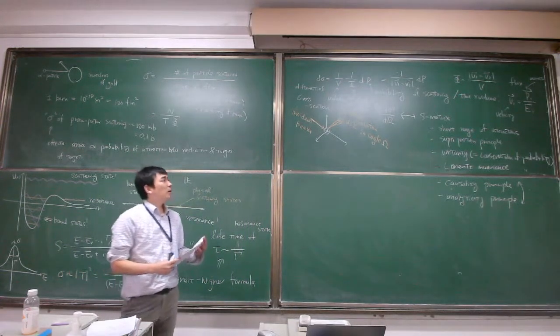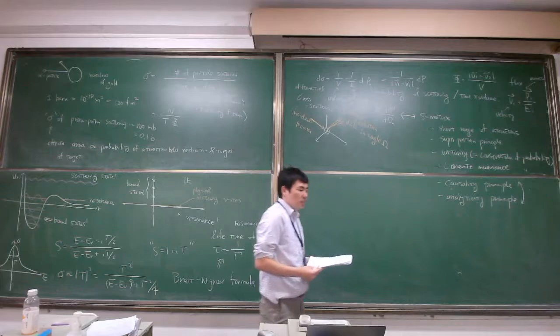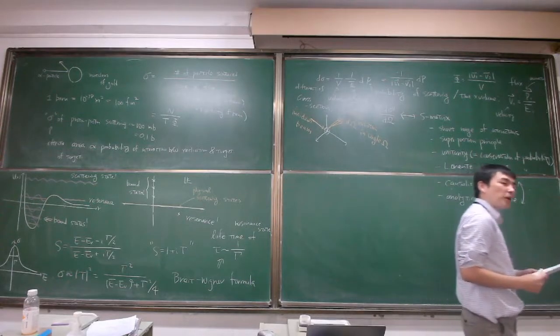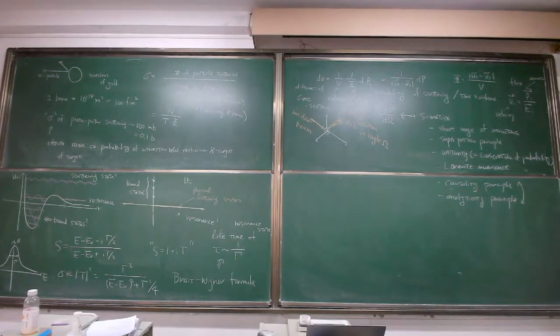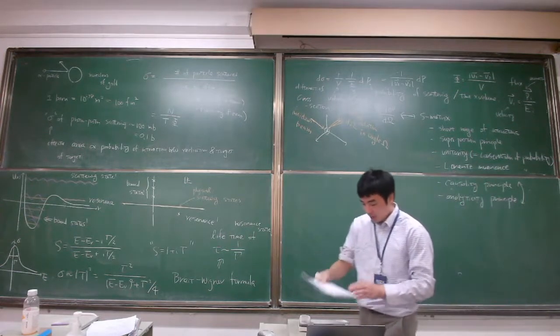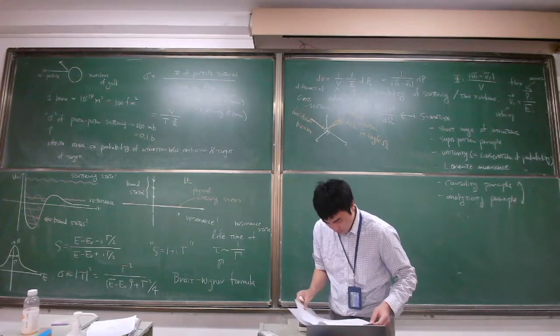As for this S matrix theory, the explanation in Peskin and Schroeder is a bit hard to understand.